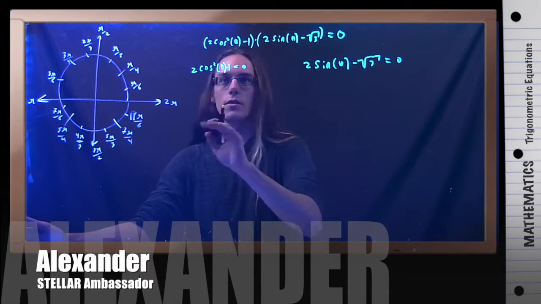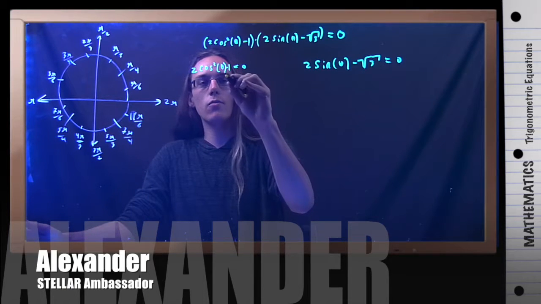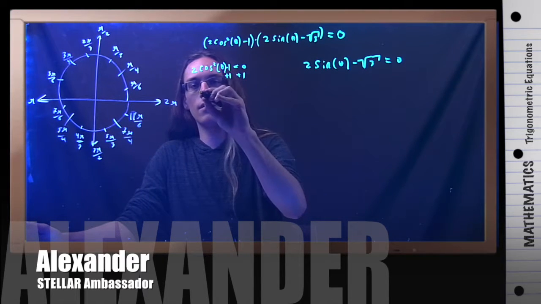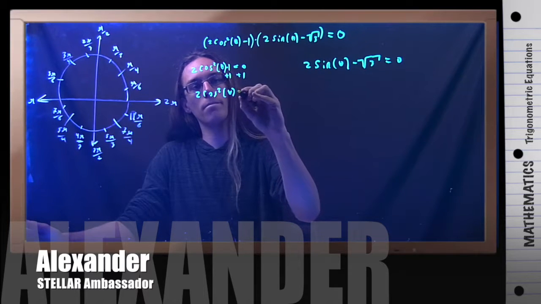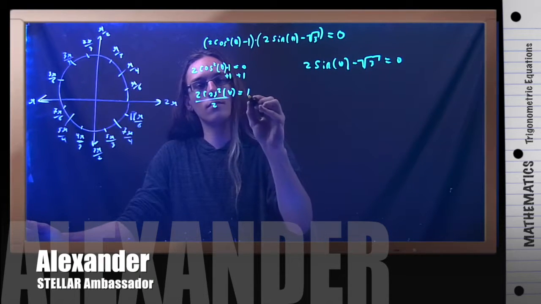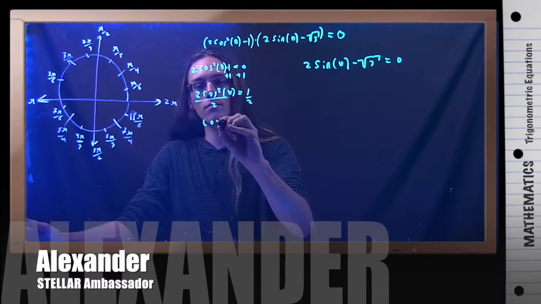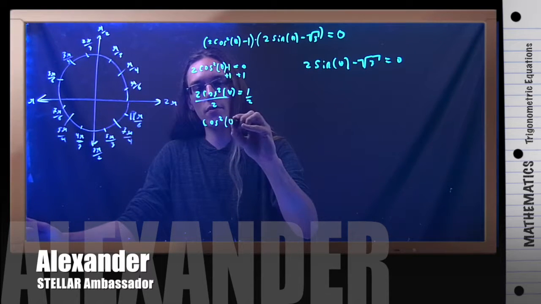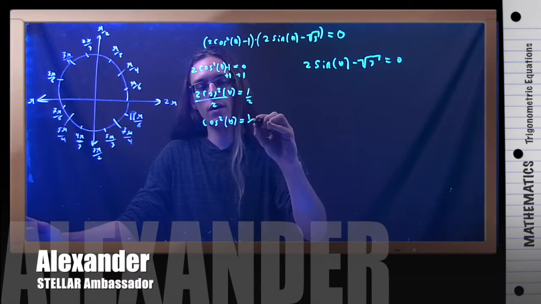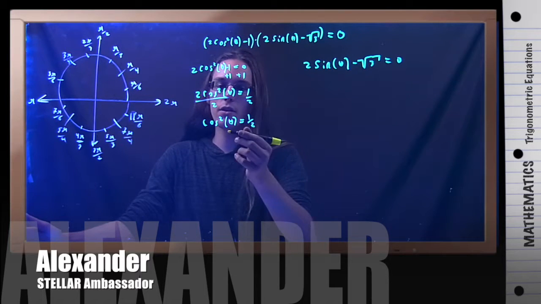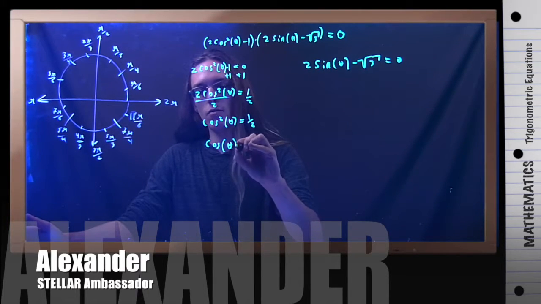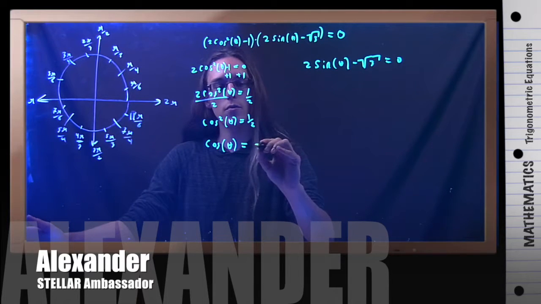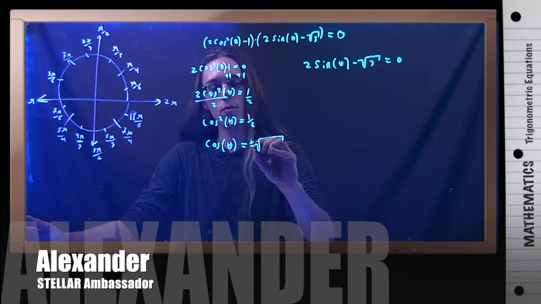Okay, I'm going to go ahead and solve this one first. So I'll add 1 to both sides, and then divide by 2. And so I get cosine squared of theta equals 1/2. Well, to solve this, I'll have to take the square root of both sides. So I'll get cosine is equal to, and remember, whenever you do a square root, you have to do plus or minus.